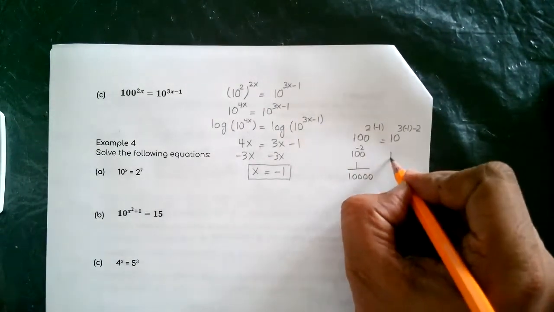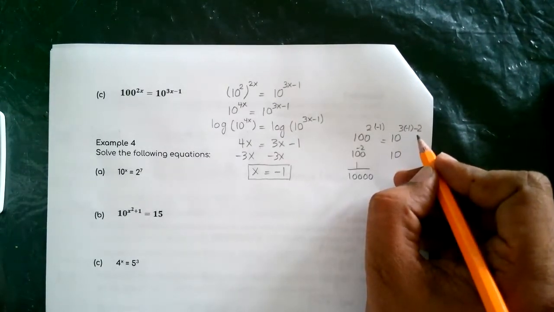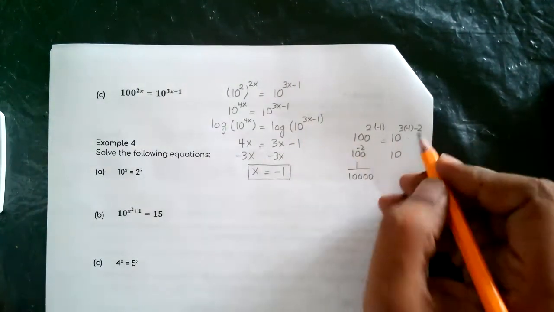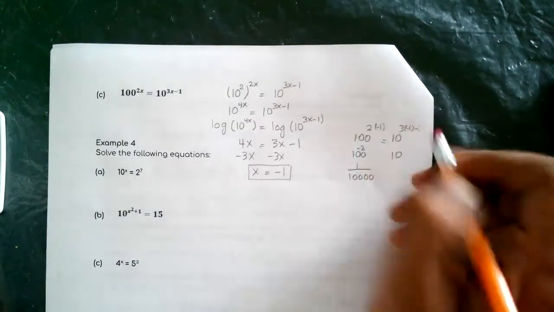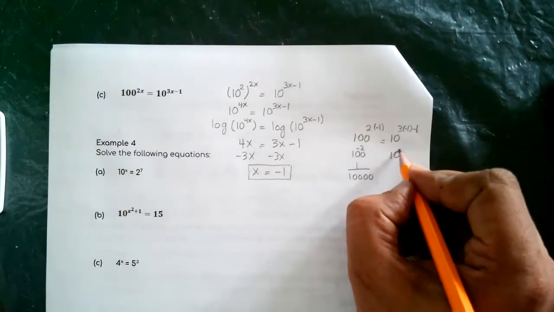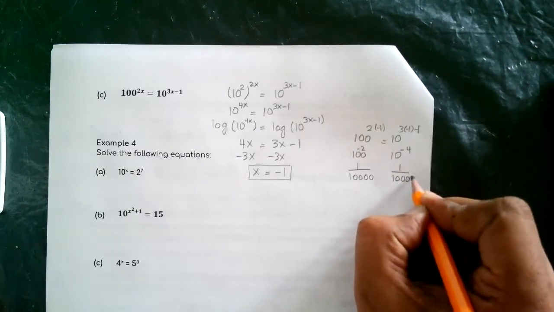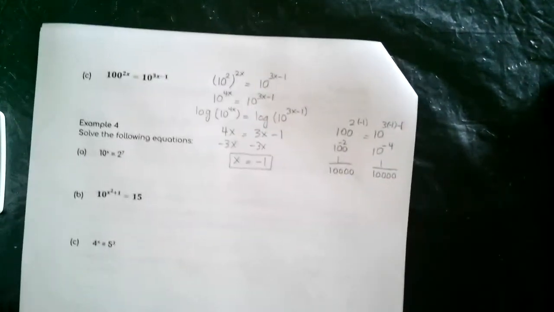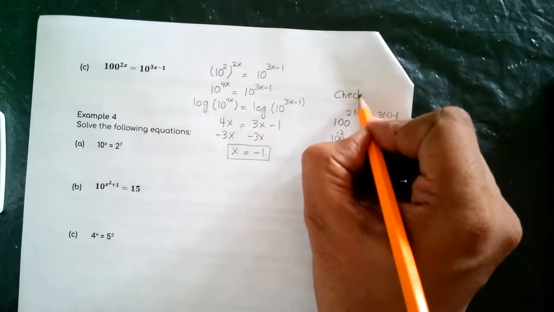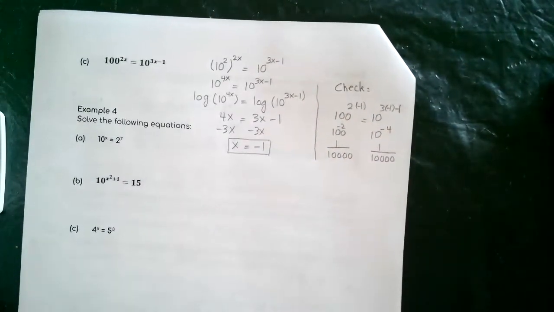And here 10 exponent 3 times negative 1 minus 1, sorry, it was negative 1 here. So 3 times negative 1 minus 1 is negative 4. So it is 1 upon 10,000. So you can see that I can always check if I did my answer correctly or not. So this is to confirm. So always make it a habit to check if you got the right answer or not.